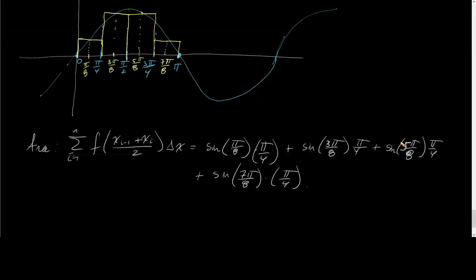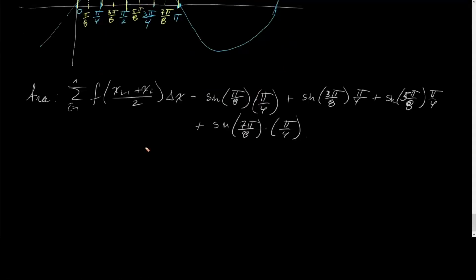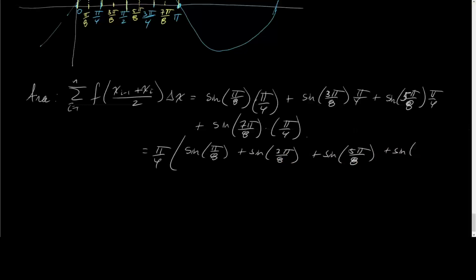They all have a pi over 4, so if we wanted to, we can factor that out. So I end up with pi over 4 times sine of pi over 8 plus sine of 3 pi over 8 plus sine of 5 pi over 8 plus sine of 7 pi over 8.